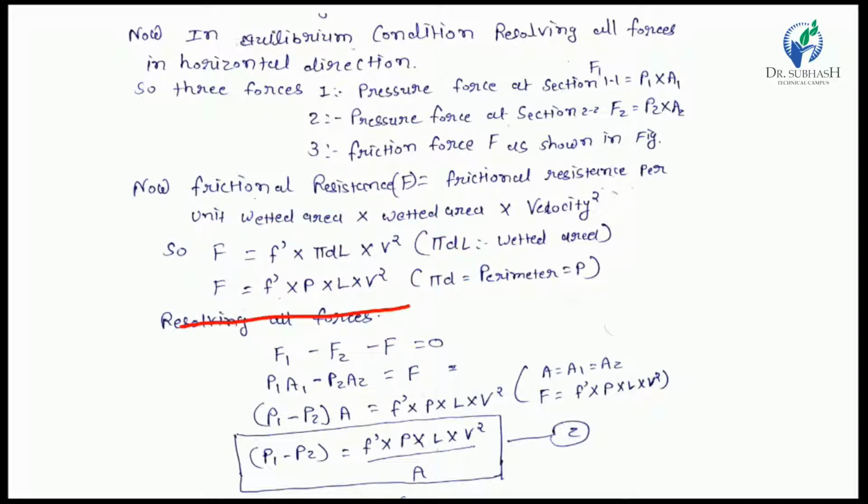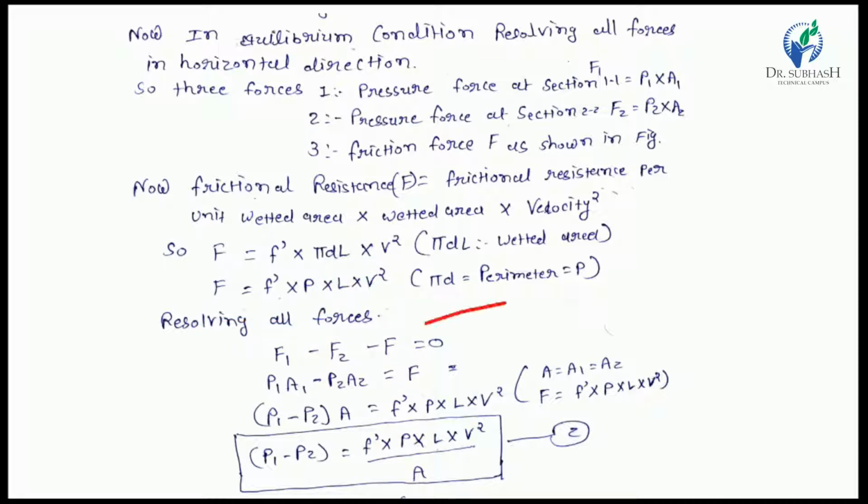So frictional resistance is equal to F dash pi d l into V square. Now pi d is the periphery, so we can also write the equation as F equal to F dash periphery P into length L into V square.